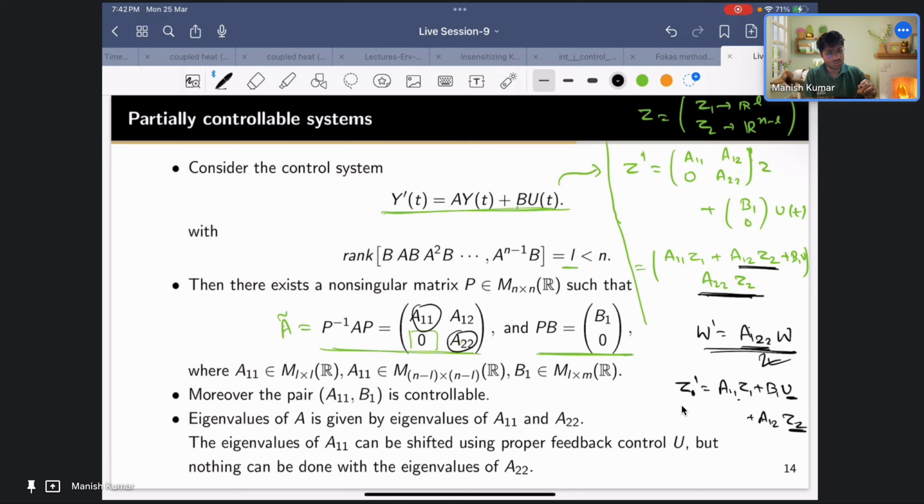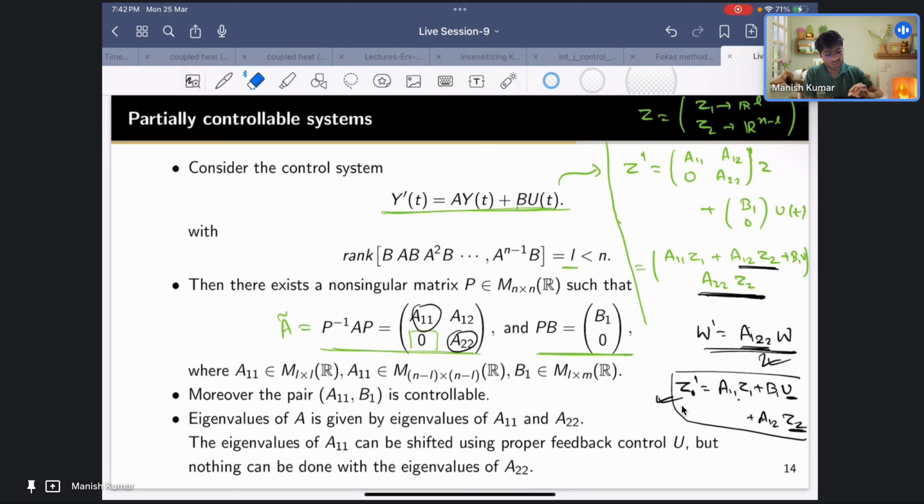That is the question. So if this Z2 component is stable, and if you can stabilize this one, then you are done. The whole system would be stable. Is it possible? It should be, yes.